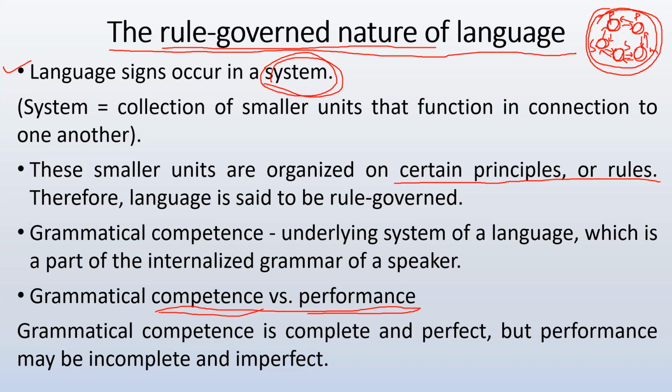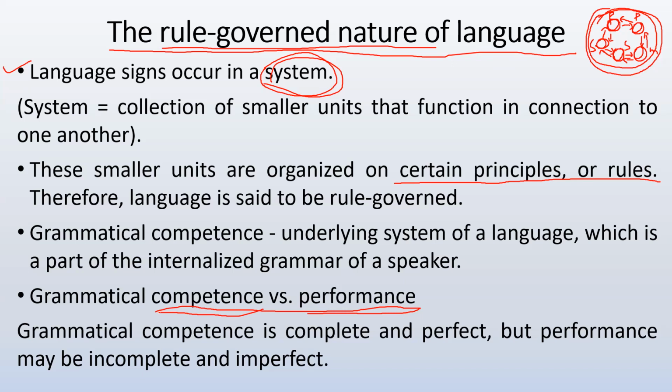Now, just think about yourself again. You have learned the English language. You know the grammatical rules of the English language. They are stored in your mind. The English grammar rules have become internalized in you.